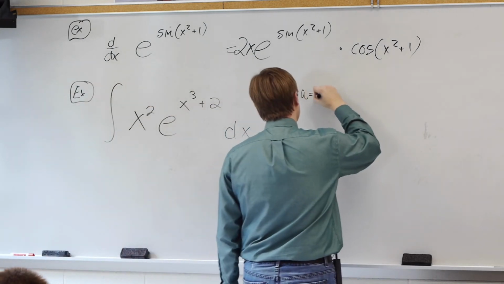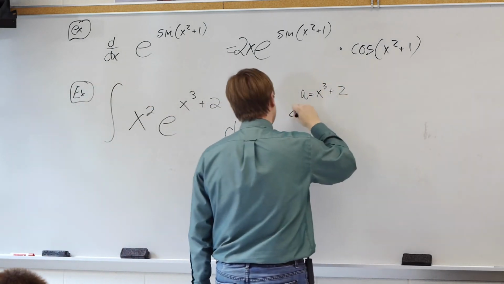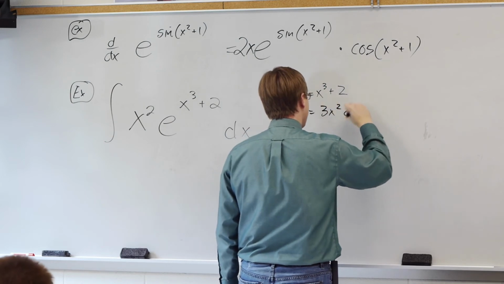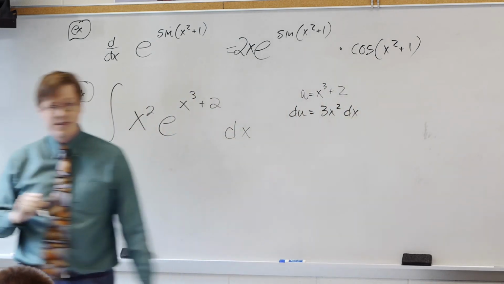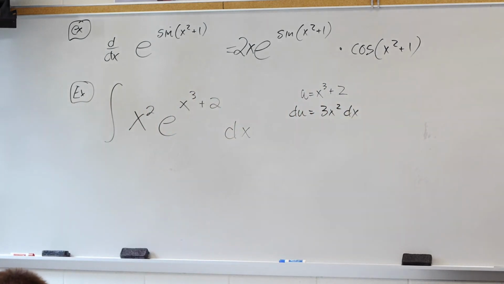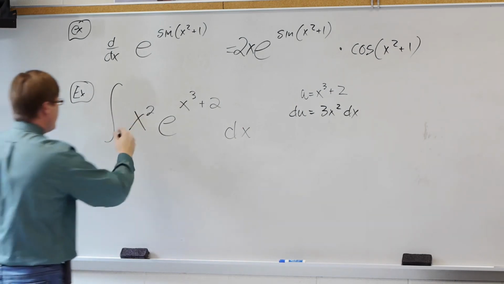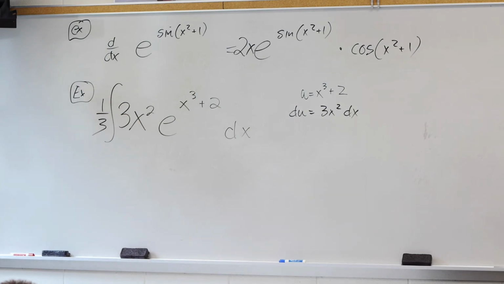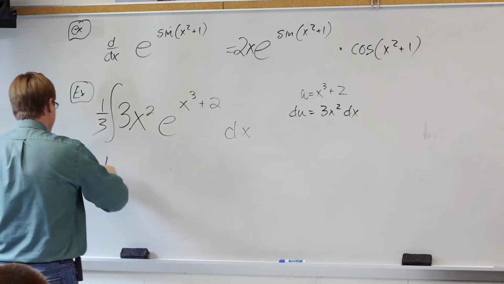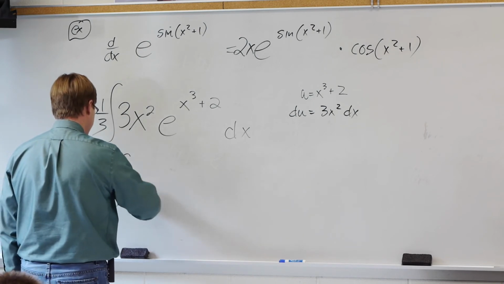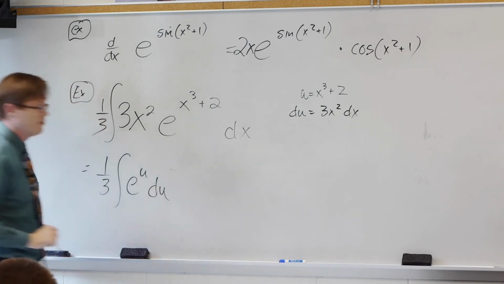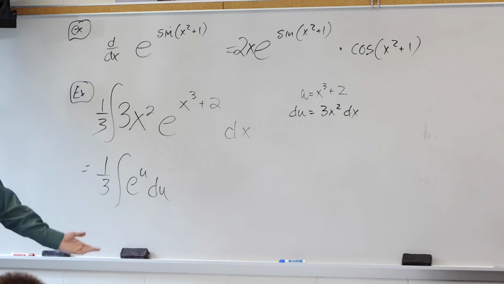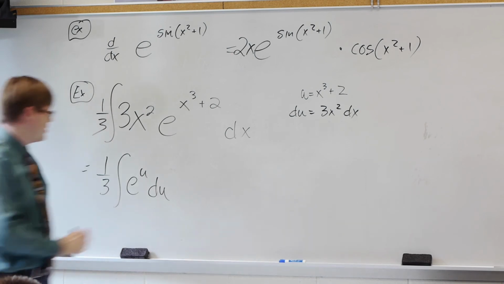So let's just do that. u is x cubed plus 2. So du is 3x squared dx. So this will be an easy one if I just use a 3 and a 1/3. So that turns it into the integral of e to the u du, which is, when I integrate it, just e to the u plus c.